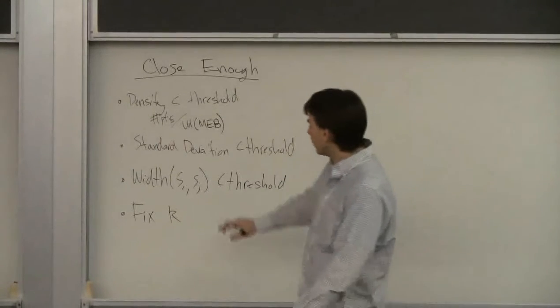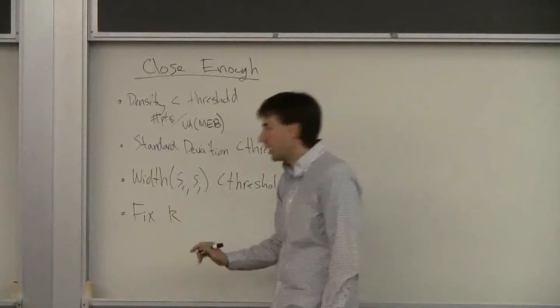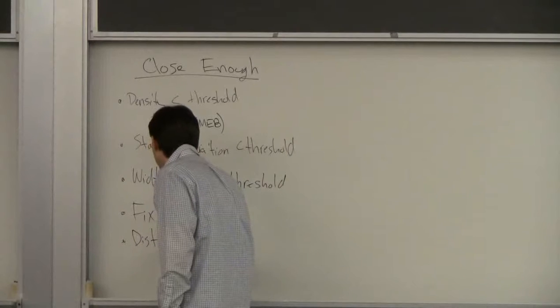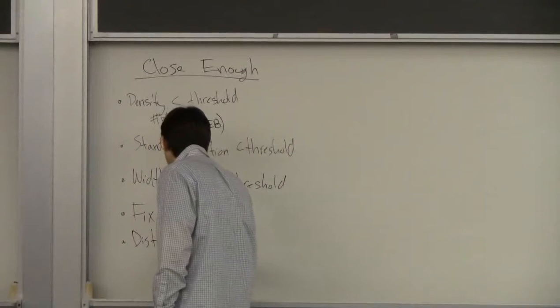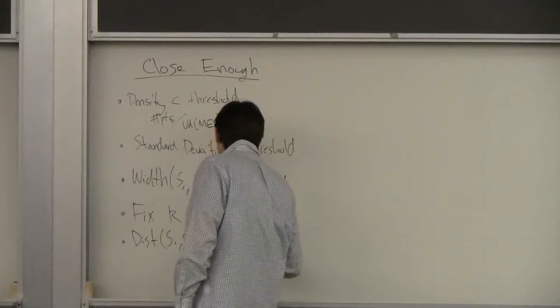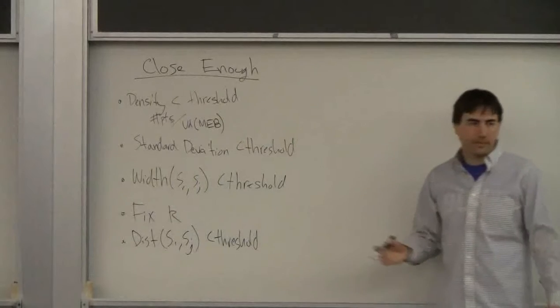So in general, this width can be replaced by any of these distances, right? So we could say just the distance of Si, Sj is less than some threshold, right? Okay.